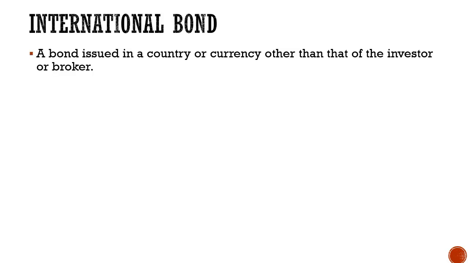Now let us learn what are international bonds. A bond issued in a country or currency other than that of the investor or broker is known as an international bond.